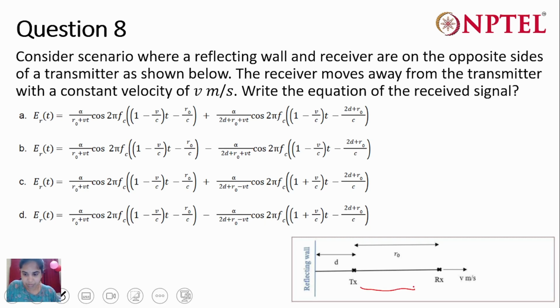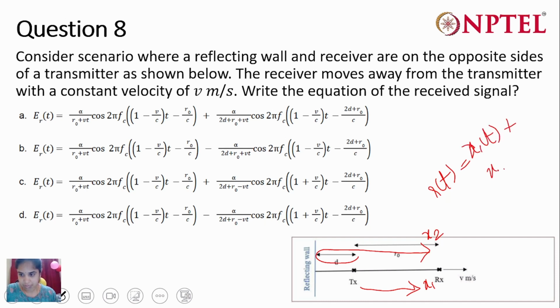From here there will be one signal like this. There would be another signal like this. This will be, say, x1. This is going to be x2. So at the receiver, you're going to get the sum of x1 of t and x2 of t.